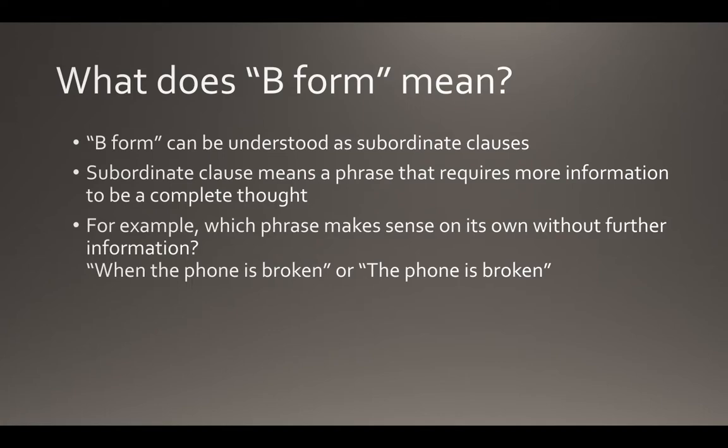"When the phone is broken" or "The phone is broken"? The correct answer is "The phone is broken." That is a complete thought on its own. "When the phone is broken" needs more information to make sense.